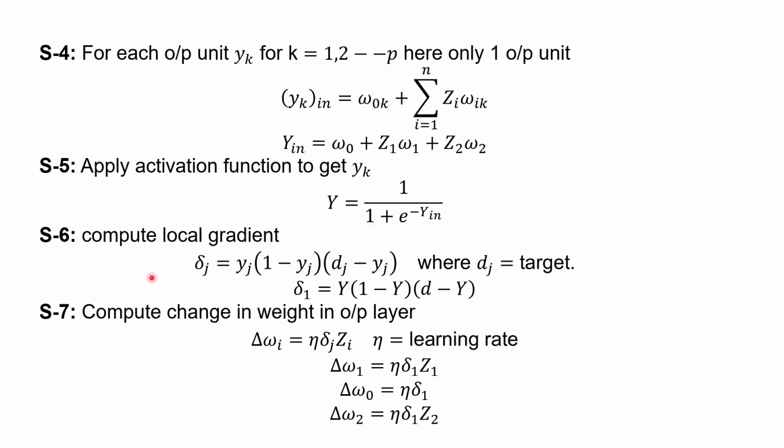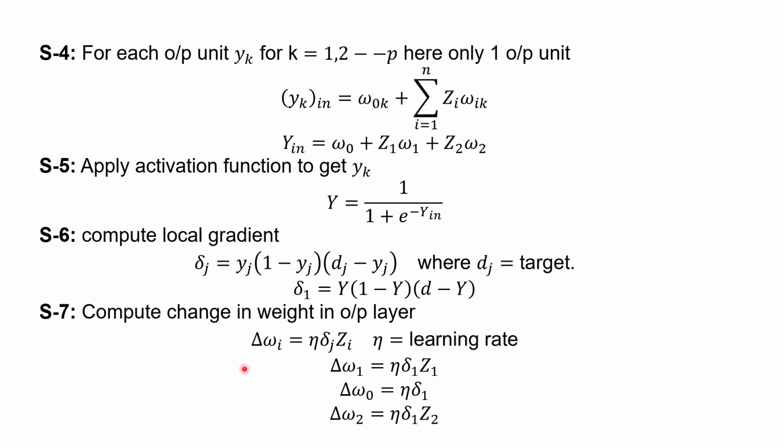Step 6. Compute the local gradient. Del j is represented mathematically as yj into 1 minus yj into dj minus yj, where dj is the target. Del 1 is equal to y into 1 minus y into d minus y for the given network. Now step 7. Compute the change in weight in the output layer.